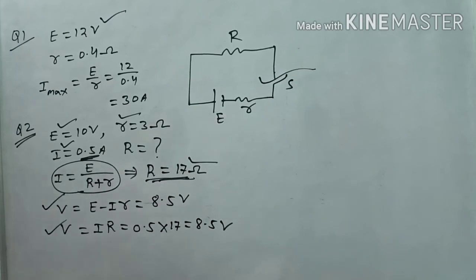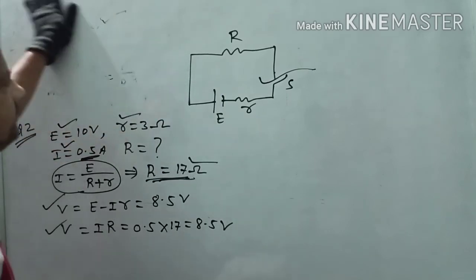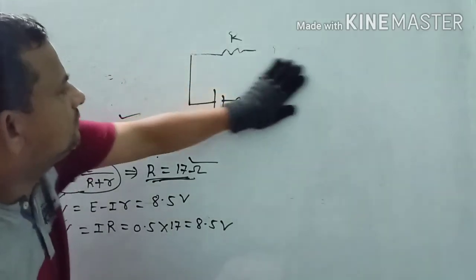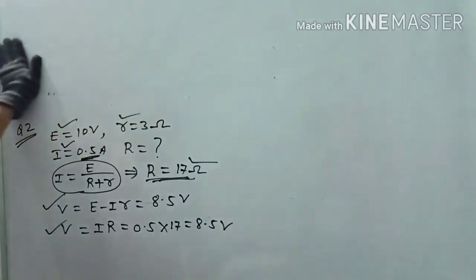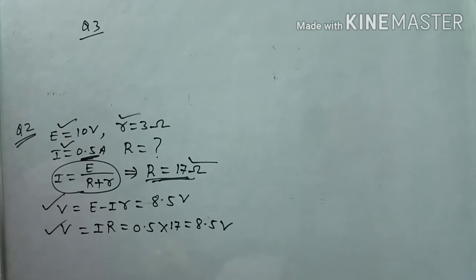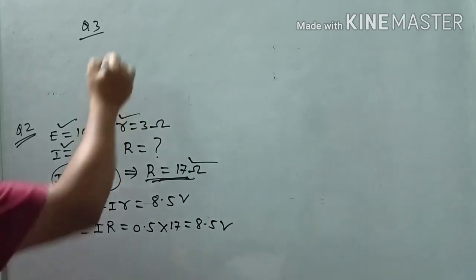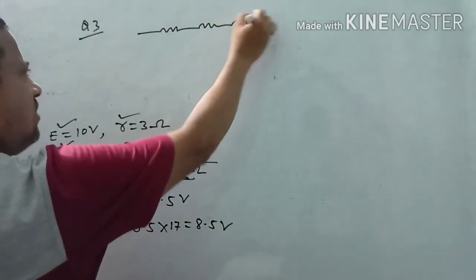If I move to question number 3. In question number 3, three resistances 1 ohm, 2 ohm, 3 ohm are connected. What is the total resistance? Very easy. This is 1, this is 1, this is 1.